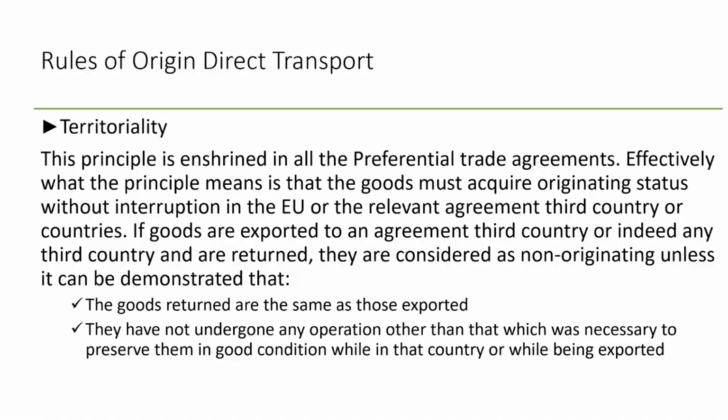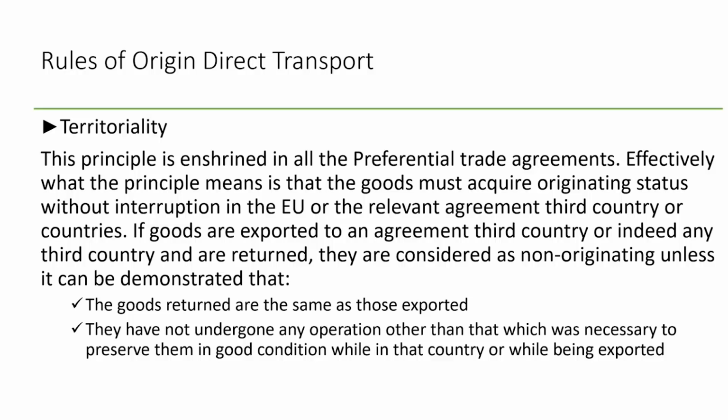So that's that. And then territoriality. Again, we'll use the Northern Ireland cheese example. Say the final processing and packaging of the cheese was done, for explanation purposes, in, let's say, China.